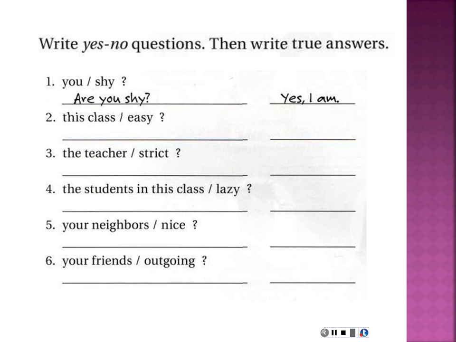Let's check your answers. Let's have a look at number 2. We have this class is the subject, easy. هذا الفصل أو هذه الحصة سهلة. هذه الحصة سهلة. So what we need to add is the verb to be.